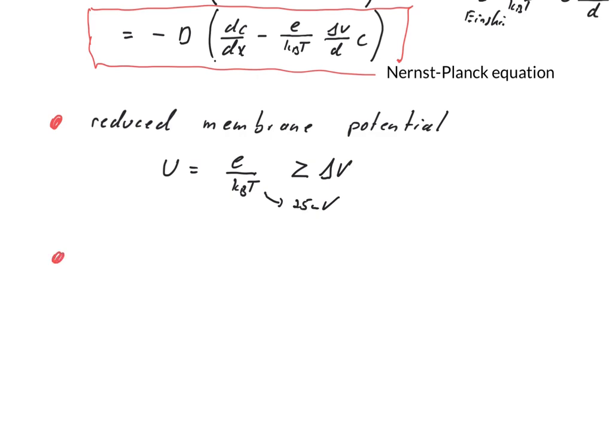Now, if we rewrite the Nernst-Planck equation in terms of U, we obtain that the gradient of C, dC by dx, is equal to U divided by d times the concentration minus J divided by D.